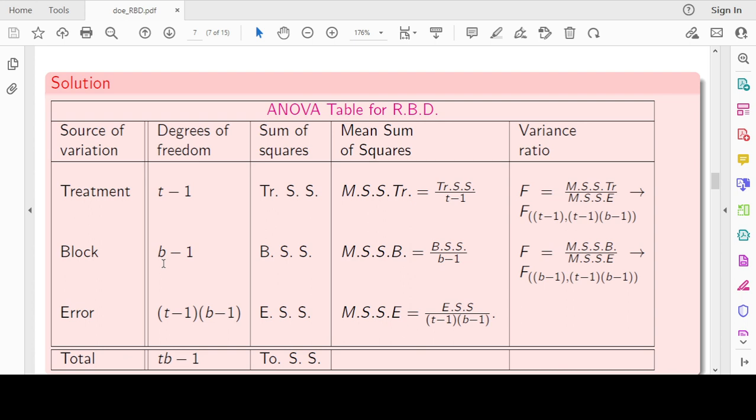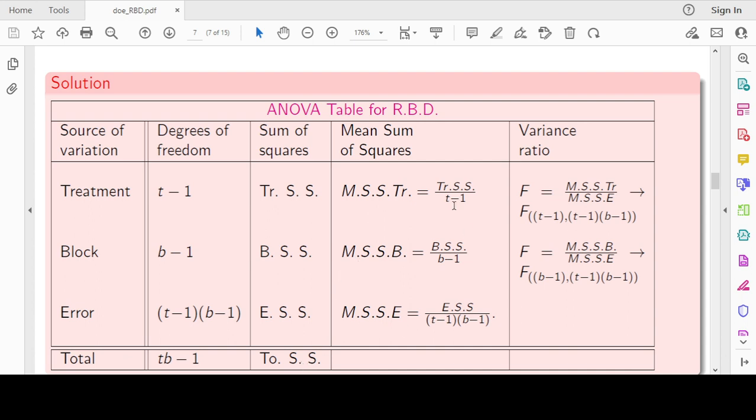Total number of observations is T times B, so total degrees of freedom is T times B minus 1 here, and error degrees of freedom we have by subtraction, that is T minus 1 into B minus 1 here. Here in the sum of squares column we'll write treatment sum of square, block sum of square, error sum of square, and total sum of square.